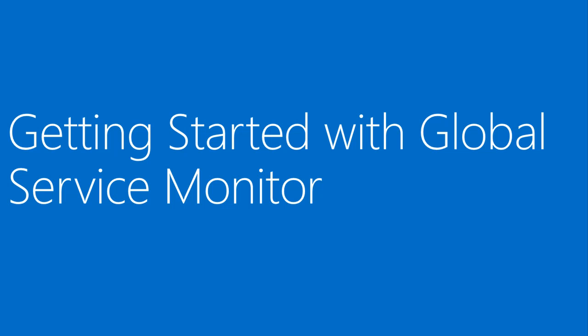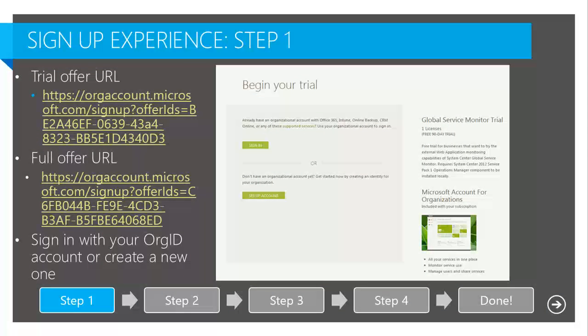Let's see what it takes to get started with Global Service Monitor. First, we need to make 4 easy steps to configure it in Operations Manager. The first step is that you need to activate the Global Service Monitor offer in the Microsoft Portal. Currently, there are 2 types of offers.